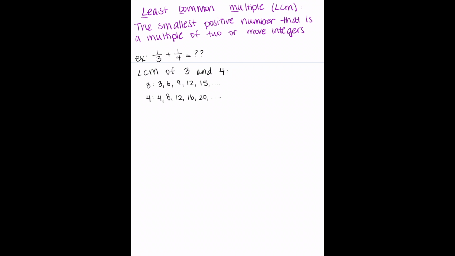Now that we've listed the multiples of both of our denominators, we're going to look at them and try and find the least common multiple, which here would be 12. And for the 3, we get 12 by multiplying 3 by 4. And for 4, we get 12 by multiplying 4 times 3. And we're going to use this in our next step.